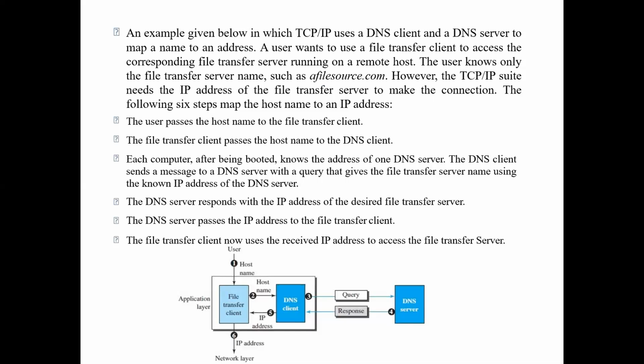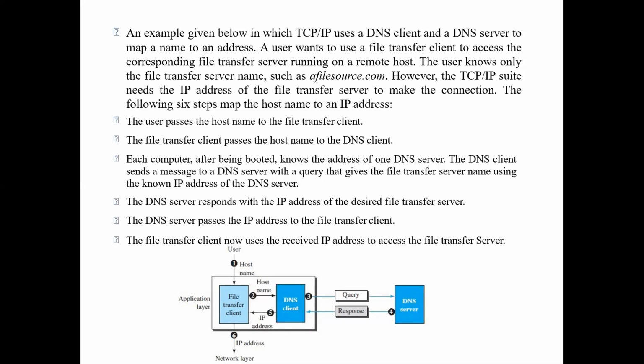The file transfer client passes the host name to the DNS client, and each computer after booting knows the address of one DNS server, and the DNS client sends a message to the DNS server with a query that gives the file transfer server name using the known IP address of the DNS server.